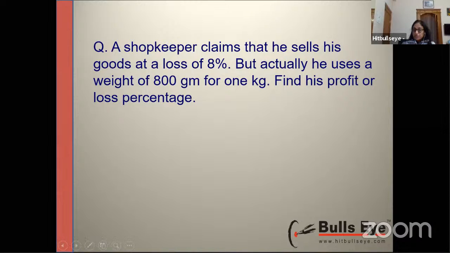This is again a question which is based on shopping something and all. Whenever you see a question based on shopping and all, always try to visualize yourself in that situation, okay? So in this question, it's better that you visualize yourself as the shopkeeper. You will understand the language of the question very easily if you relate yourself as the shopkeeper.